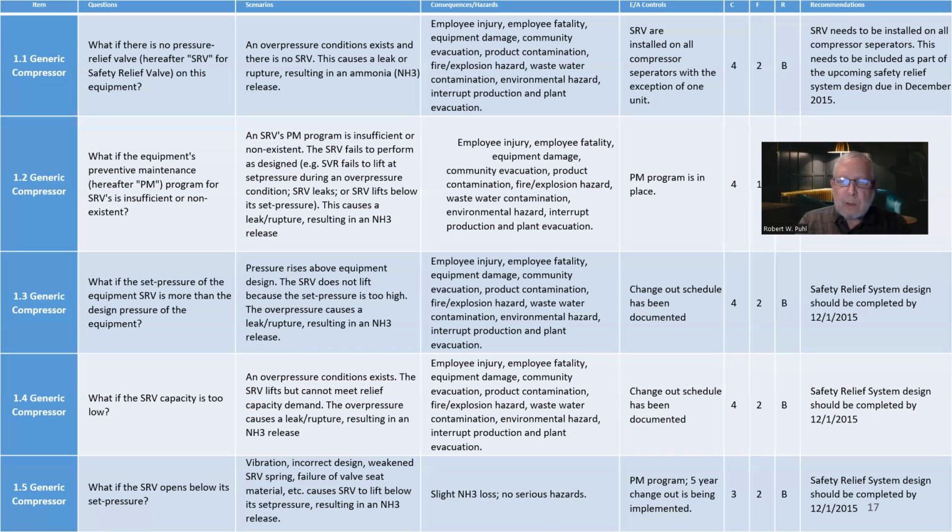But a change out schedule is in place to change all these pressure relief valves. And this is because, what if the SRV capacity is too low? Well, again, a change out schedule has been documented. Another thing that's not in here is that on all pressure vessels, the state requires, but the insurance company usually is the one that does it, a boiler inspector to come around and check all pressure vessels.